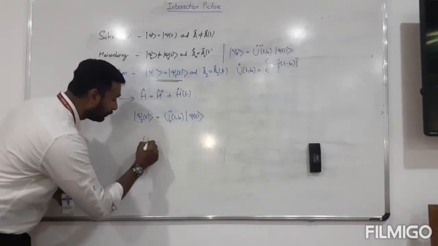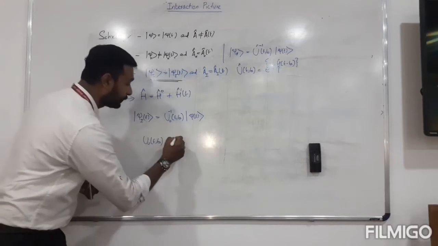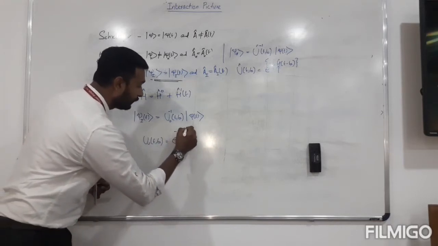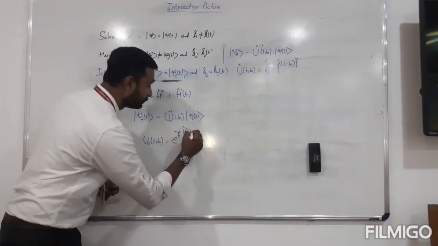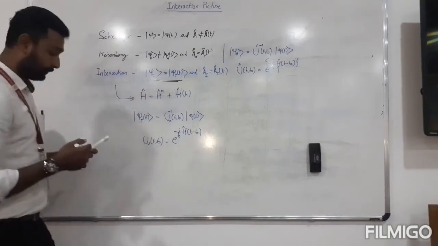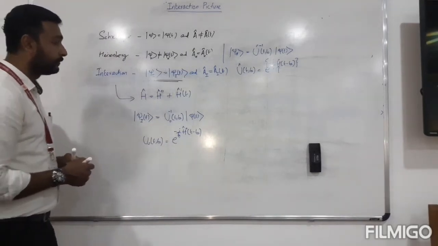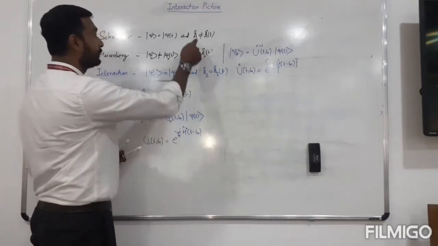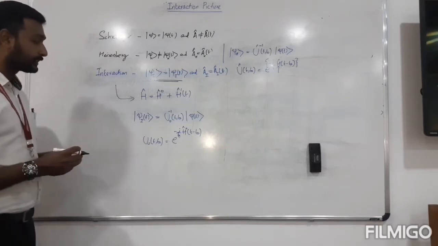Okay, so U0(t, t0) is exponential of minus i by h cross H0 (t minus t0). Now what would be the corresponding connection between the operators? What would be the connection between the operator in the interaction picture and the operator in the Schrödinger picture? That is very straightforward.